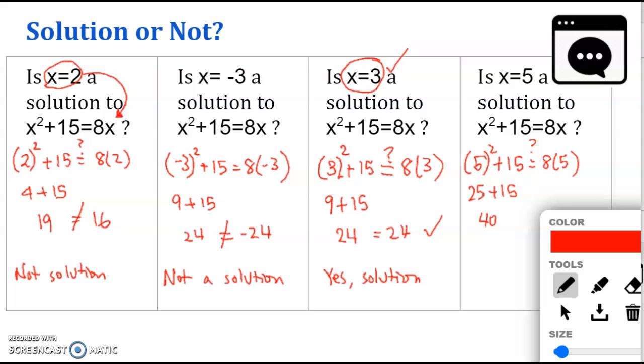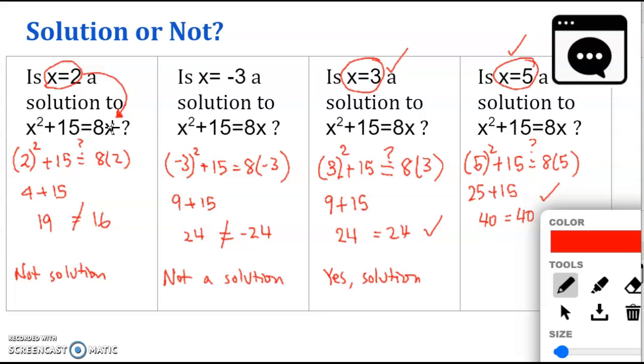And the right hand side simplifies to 40 as well. So 40 is always equal to 40. So that is true. That means x is equal to 5 is also a solution. So yes, it's a solution. So now, yes, we can check all the numbers to see if it's satisfied. That's what a solution means. But there must be a better way than checking each time.